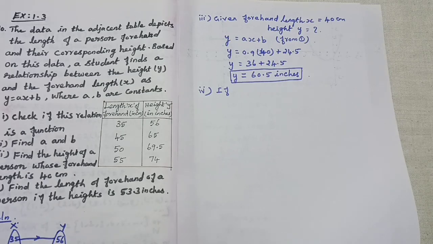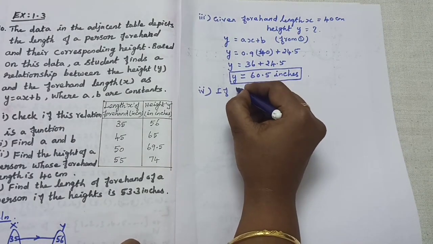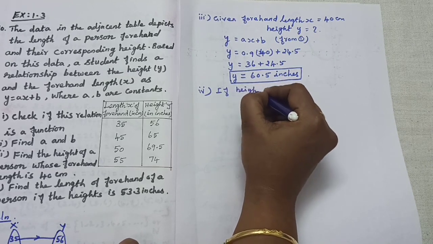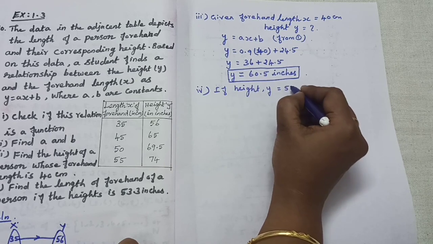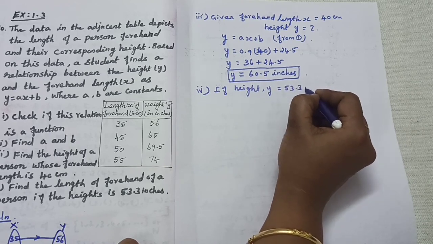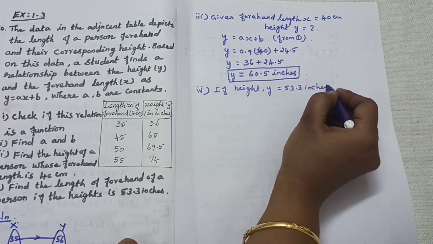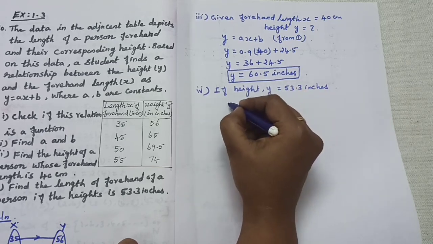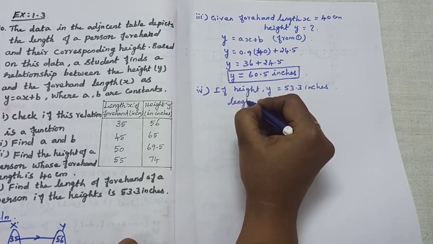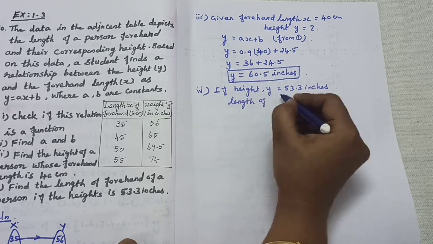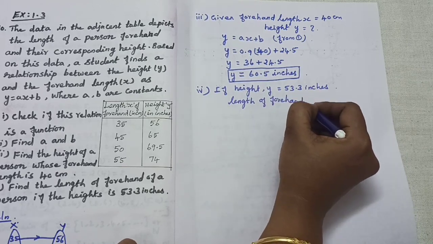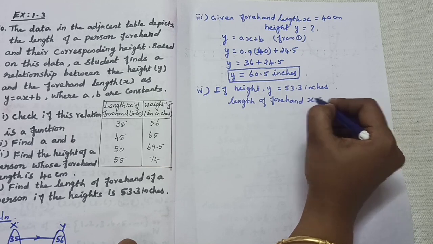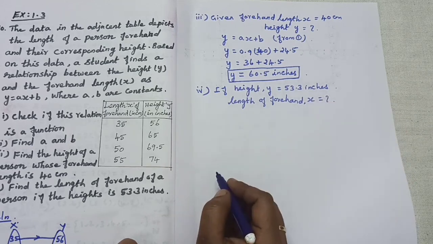Height, that is y, is equal to 53.3 inches, given. Then we want to find the length of the forehand, that is x. x is equal to question mark.